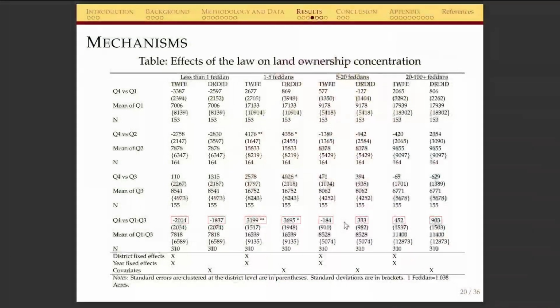In terms of ownership, I'm not sure. What I'm finding is that ownership did not increase that much in the larger plots.